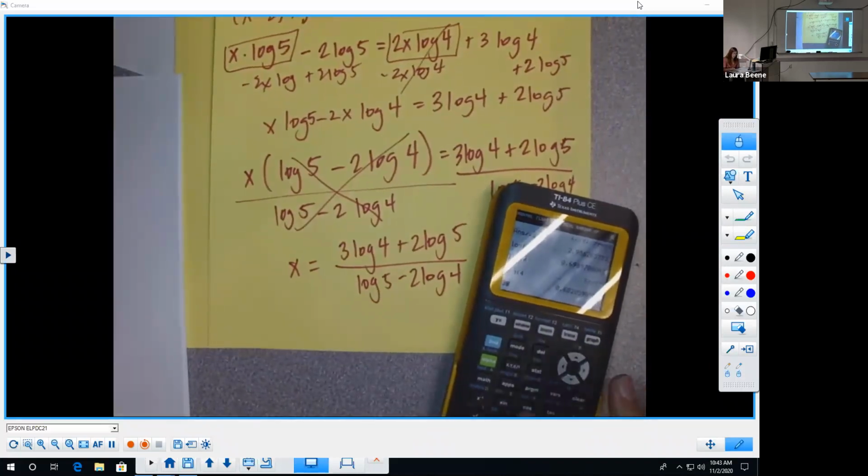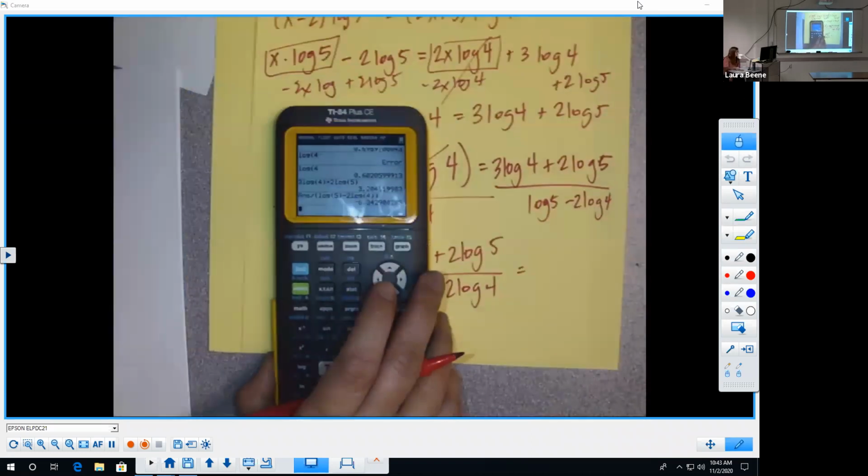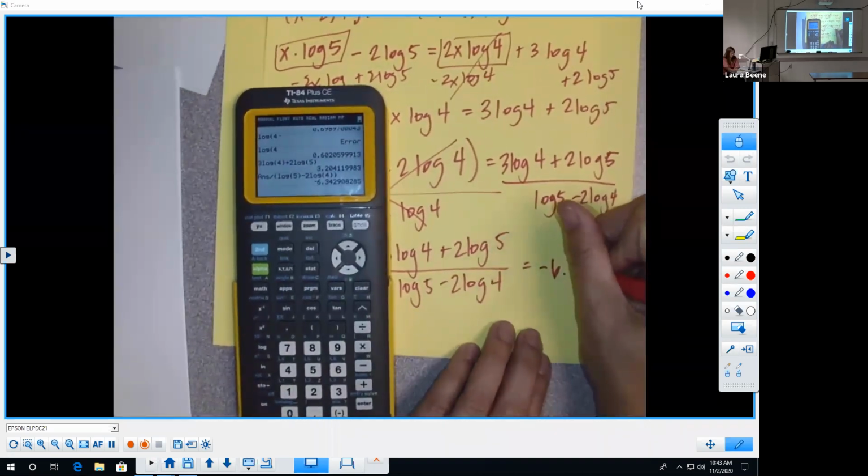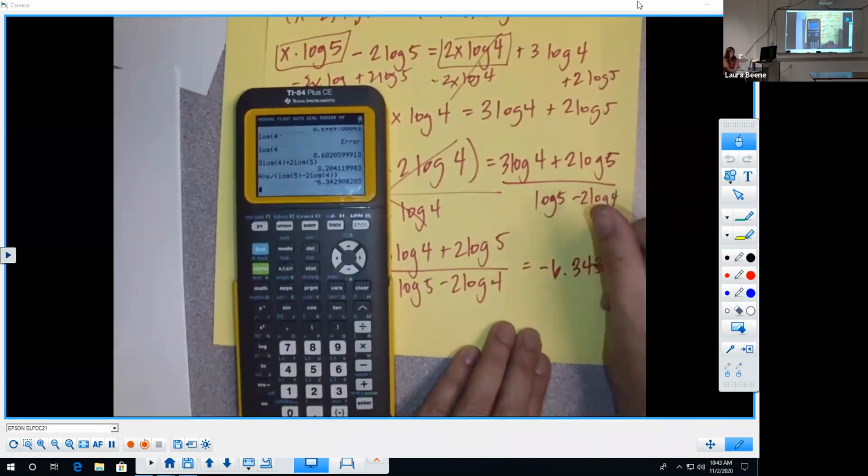So you do 3 log 4 plus 2 log 5, get a decimal, divide it by log 5 minus 2 log 4. And you get this decimal. Sorry, the glare is kind of bad. Negative 6.343.